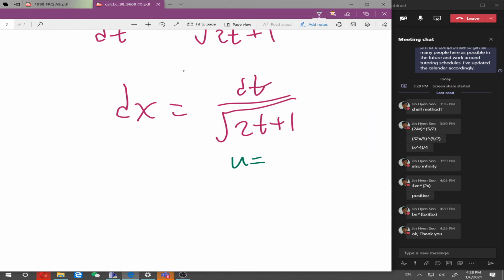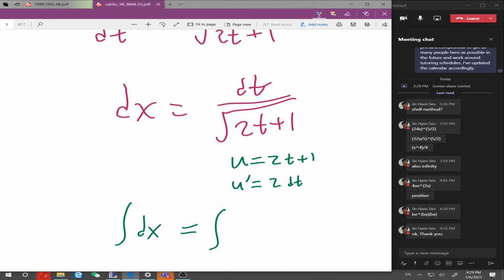What would your u be for this right side? 2t plus 1. 2t plus 1, that means u prime must be 2. 2 dt, okay. So that is the right power of t on top. So when I rewrite this right side, what will the right side look like?